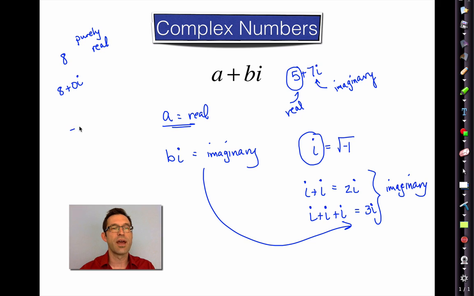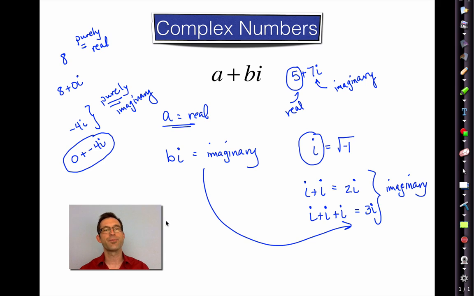Or you could have -4i, which is purely imaginary, but again it could be thought of as complex because we could think of it as 0 plus -4i. So that's all complex numbers are: putting together a real number and an imaginary number. Pause the video now if you need to, just to think about this a little before I clear out all the text.